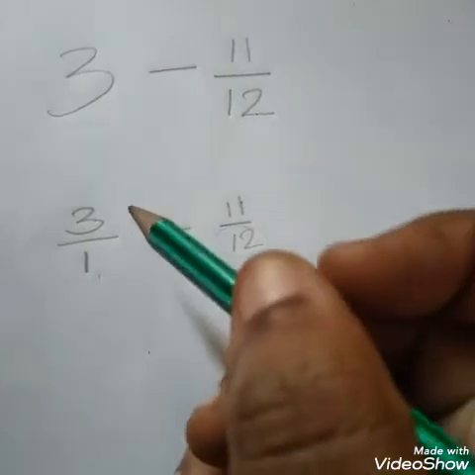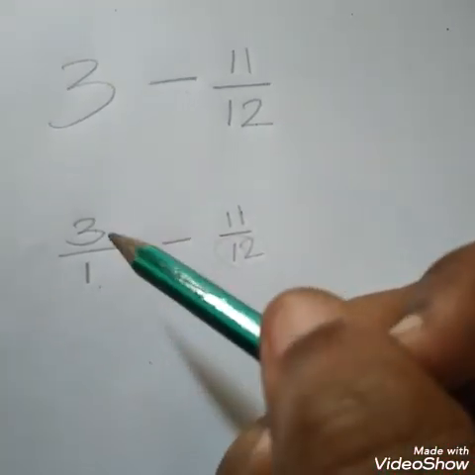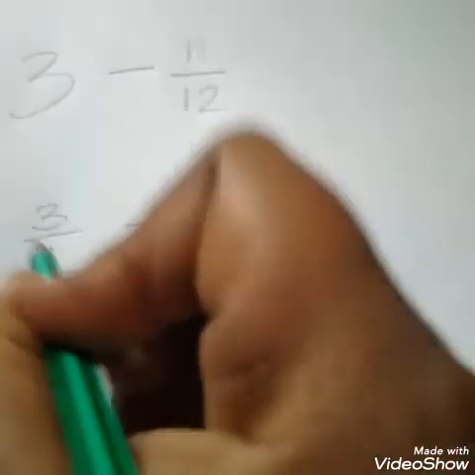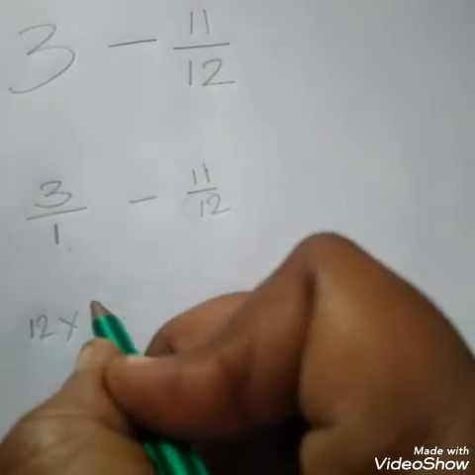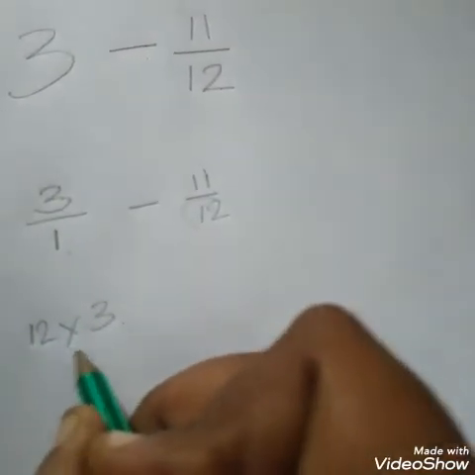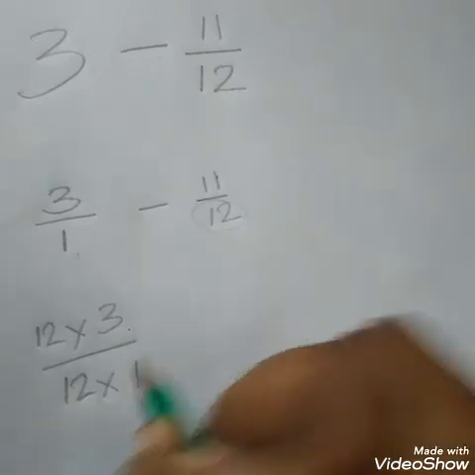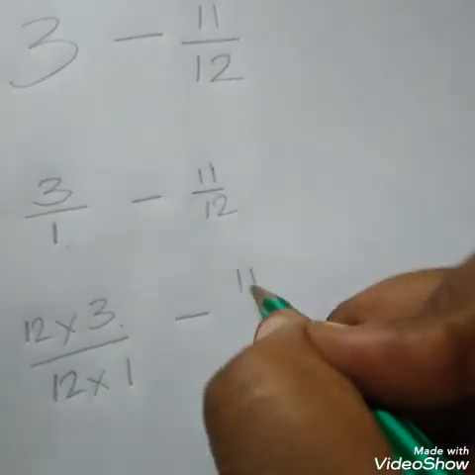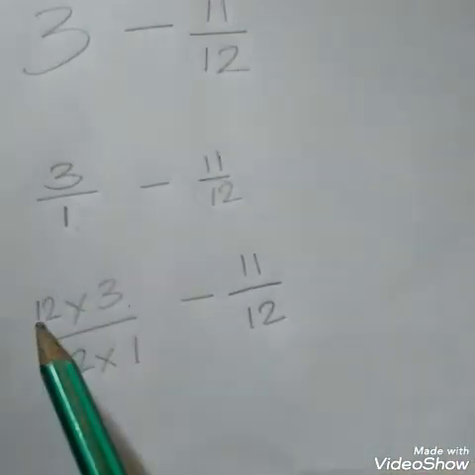Remember, when we're doing equivalent fractions, whatever we do to the top number, we do to the bottom number. So now we're going to see 12 multiplied by 3 and 12 multiplied by 1. Still going to write back our 11 over 12 now.